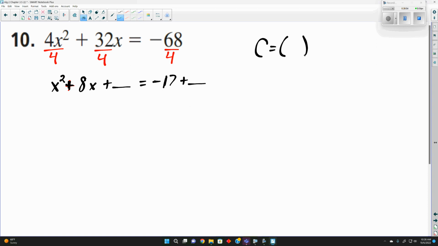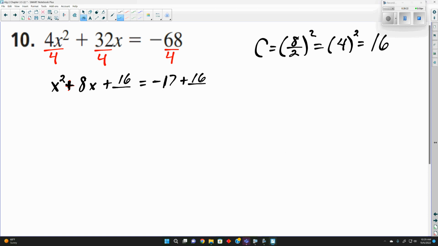Now, c is equal to b over 2 squared. And what's the value of b? And 8 divided by 2 is? And 4 squared is? And again, we have imaginary solutions, yes? Which means the number by itself should be negative.